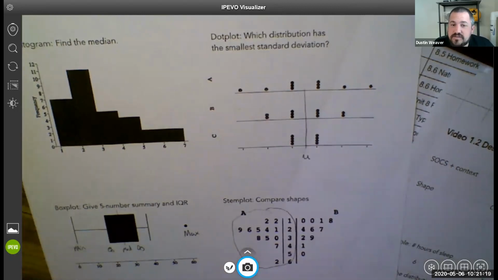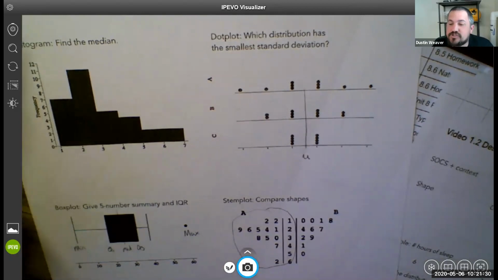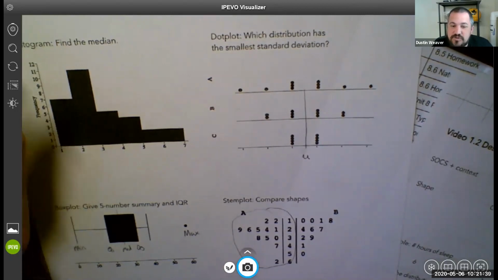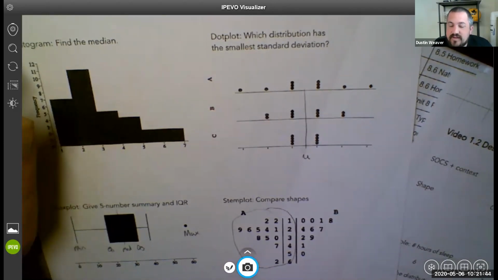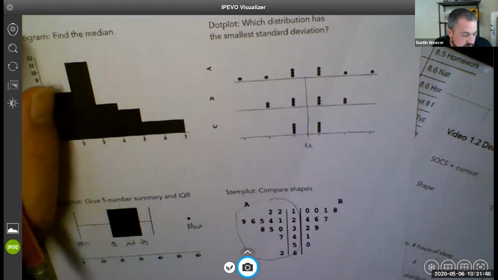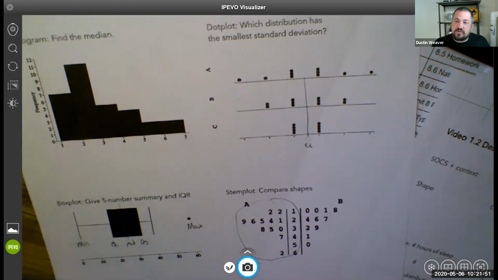One of those 10 parts is going to be from Unit 1, because we've got to make sure that Unit 1 is incorporated in some way. So you're probably going to have to analyze or describe the distribution, which would be SOCS: shape, outlier, center, spread. You're probably going to have to analyze the distribution of some type of graph at some point in this AP exam. And that's really what we're looking at in video 1.1, the different types of graphs.